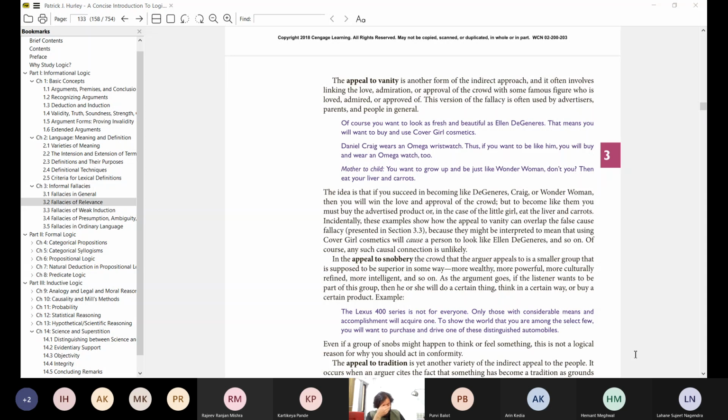It doesn't have to be done with the intention of misguiding someone, but it's a mistake of reasoning. It is wrong. Fallacious means it's mistaken.